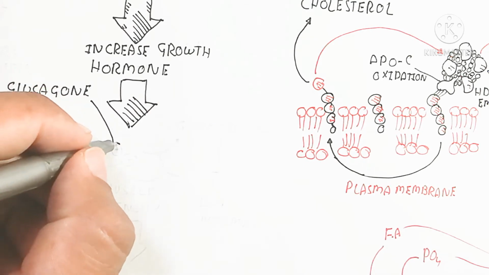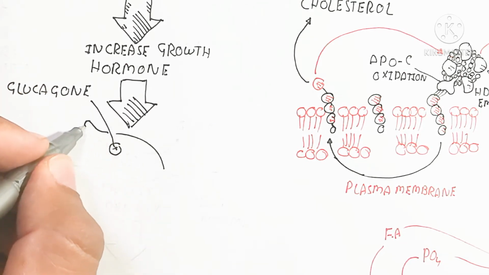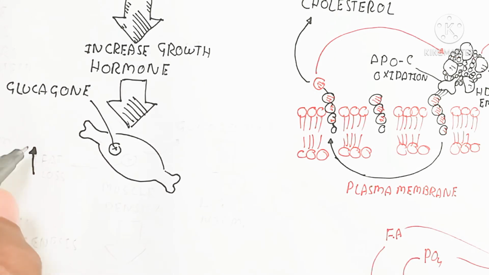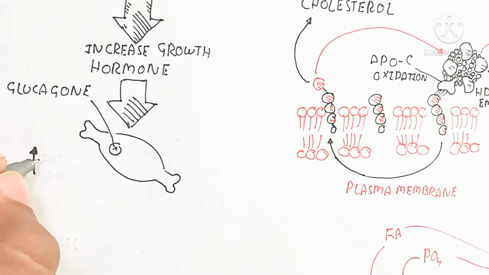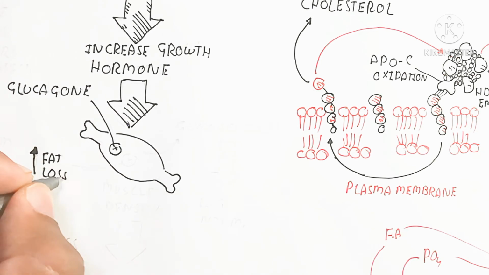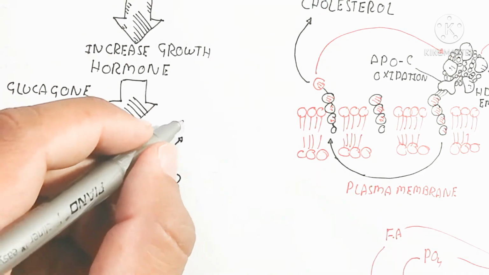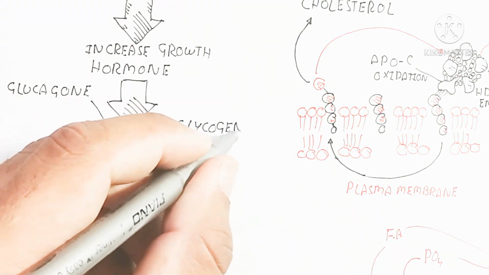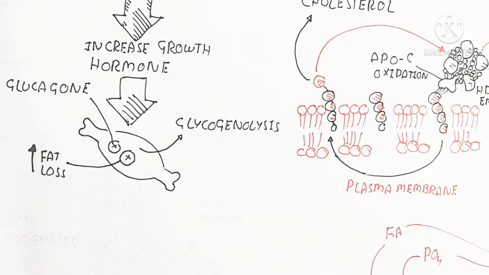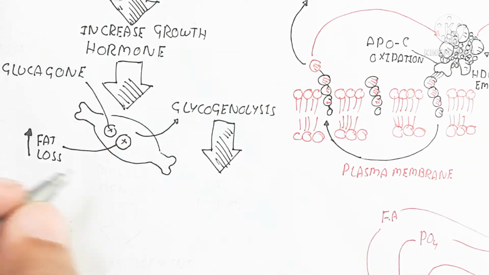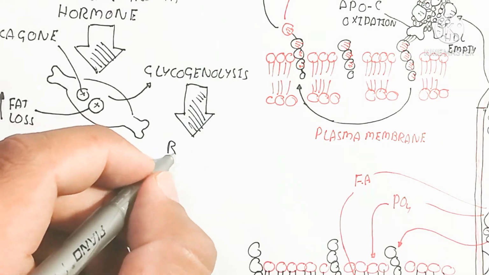So it means increased growth hormone, because somatostatin is produced by the delta cells of the islets of Langerhans, to produce the growth hormone. On the other hand, the liver also creates insulin-like growth factor so that glucose can come in to be used. Blood sugar level is normal and glycogenolysis will occur to decrease the amount of storage.